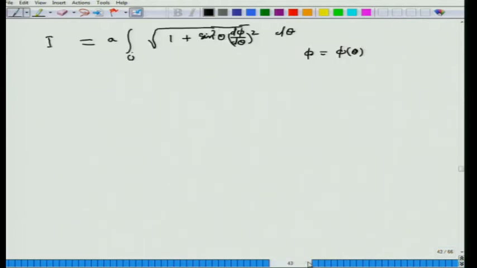So, we can take any one as the independent variable. So, here theta is independent and phi is the dependent variable.